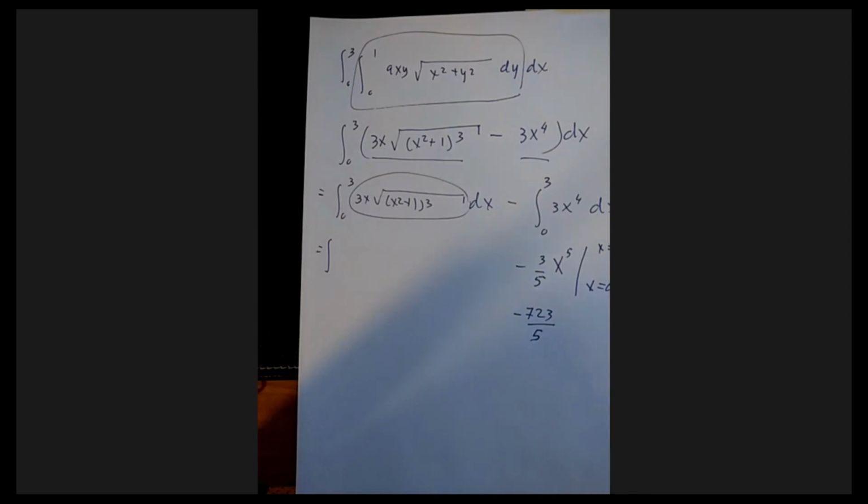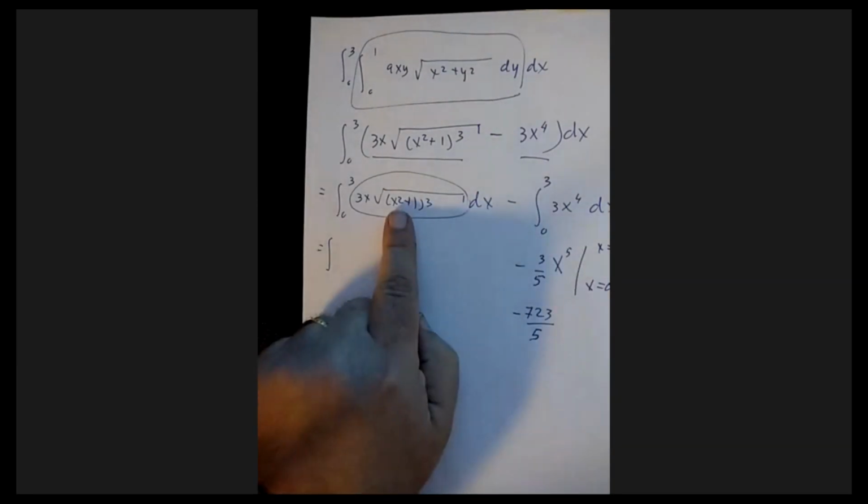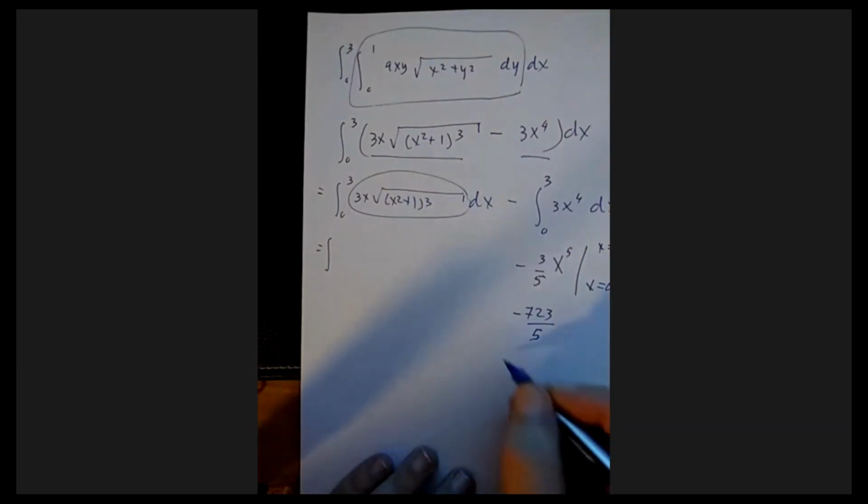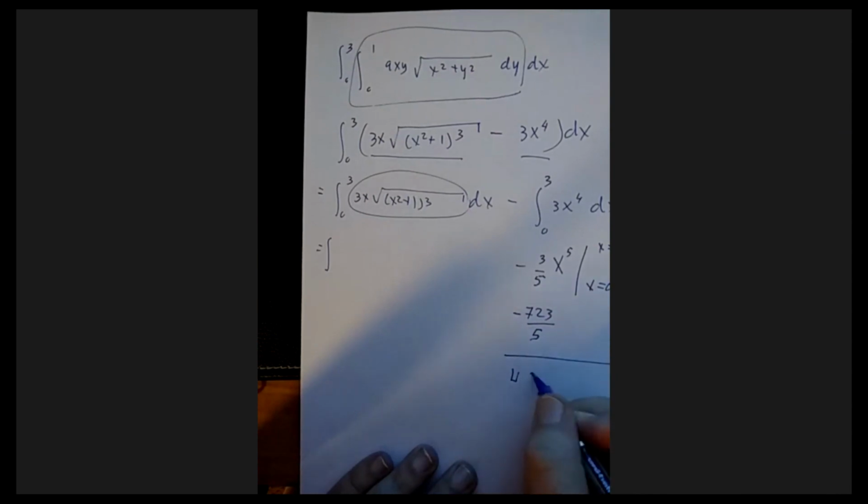We've done a technique that was a simpler version of this today. It was just an x squared plus 1 on its own inside the square root. Can you remember that one was a u-sub? So is this one. I'm going to do a u-sub of x squared plus 1.